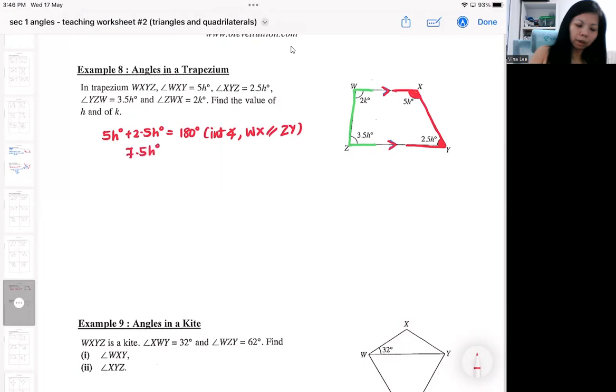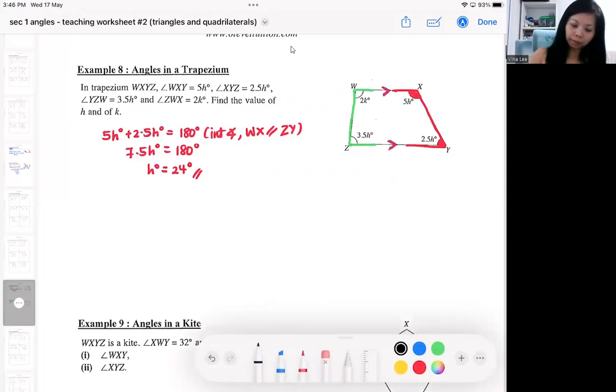Then you do your normal algebra, divide both sides by 7.5, and you get 24.